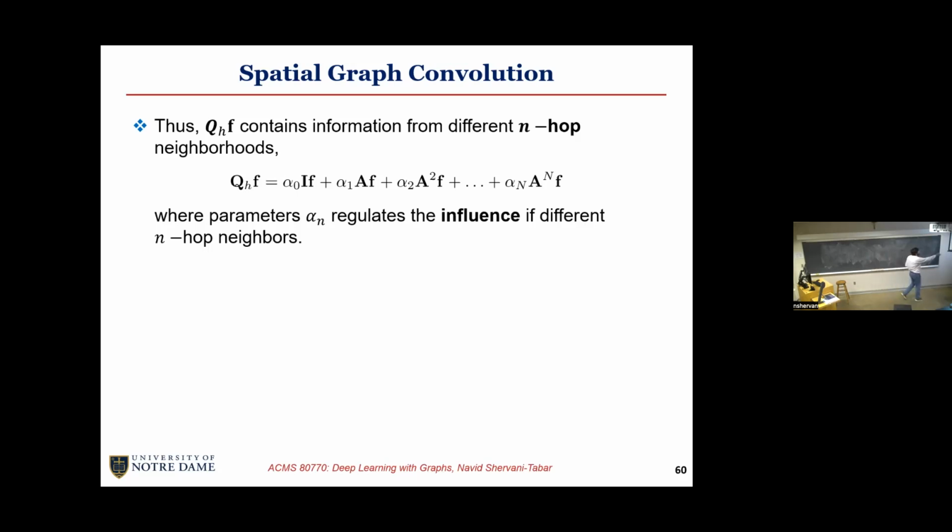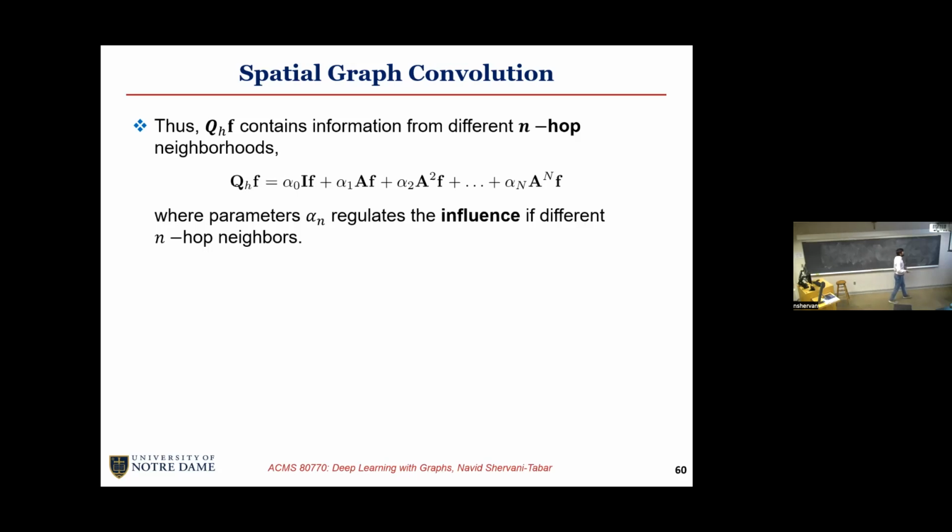That means I'm going to apply alpha 0 I times f plus alpha 1 A f, and so on and so forth. If you think about it, at each of these you are multiplying a different power of the adjacency matrix by our f. So you're gathering information from different hop distances from each node to update the value of that node.